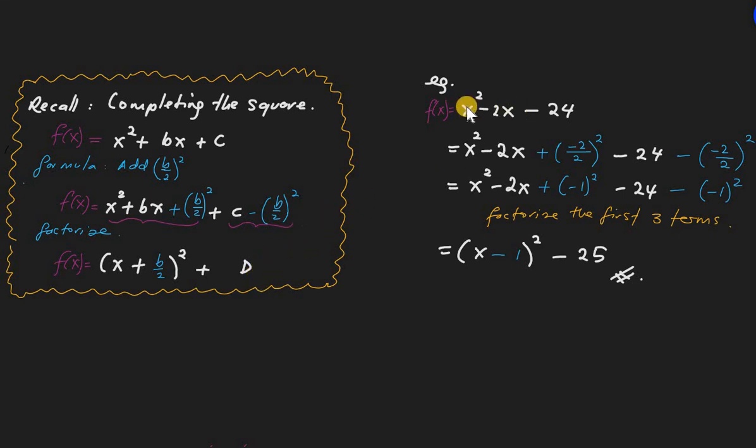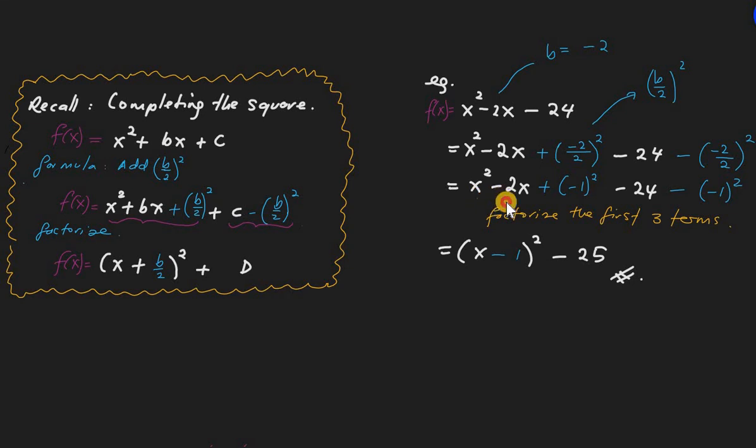Let's compare to the question that we had just now, x square minus 2x minus 24. So 1x square, alright. So what is the b? Here the b is negative 2. So we need to add b on 2 square, negative 2 on 2, squared. So we add, and we deduct it back. We don't want to change the question. So let's simplify this.